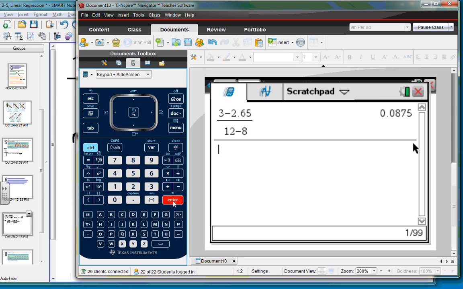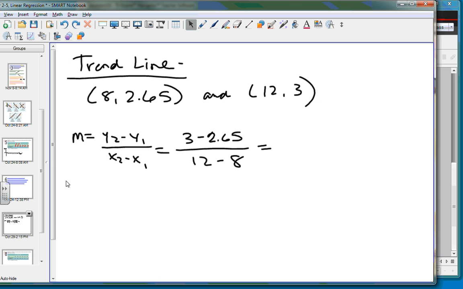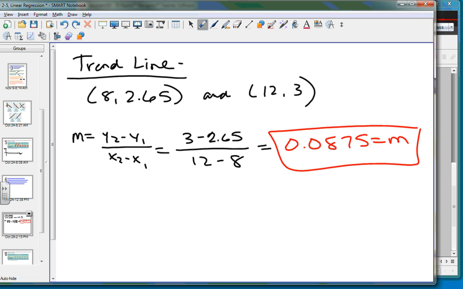And what's your slope going to be? 0.0875. This is the slope. Do you notice how it calculated the whole entire thing for you? Okay, isn't that a beautiful thing? So I come over here and I actually write this down. That's going to be 0.0875. That's my slope.